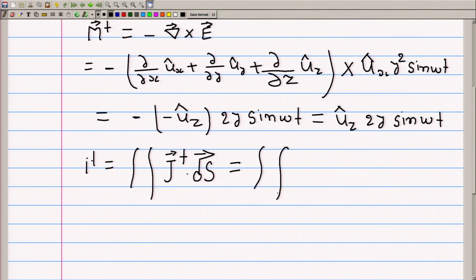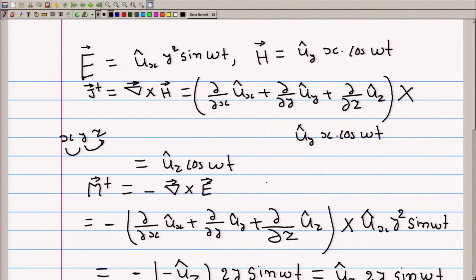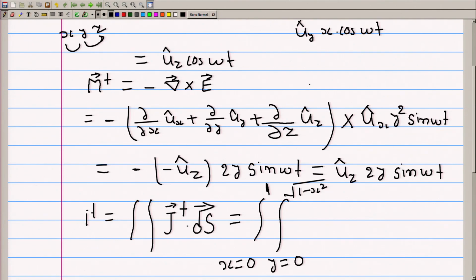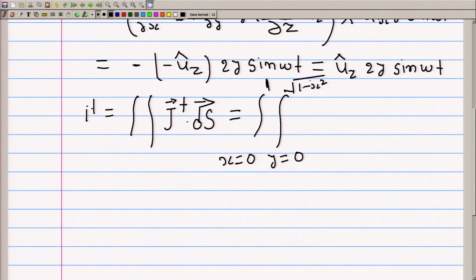So, the double integral, where x squared plus y squared is equal to 1, so x is changing from 0 to 1, y will be from 0 to square root of 1 minus x squared, and Jt value is given, uz cos omega t, and ds.